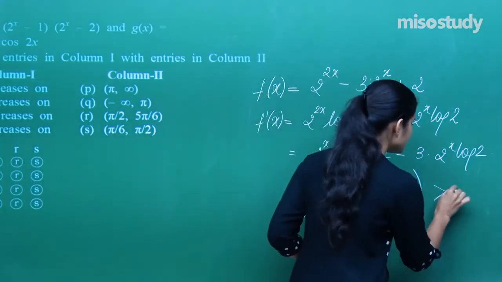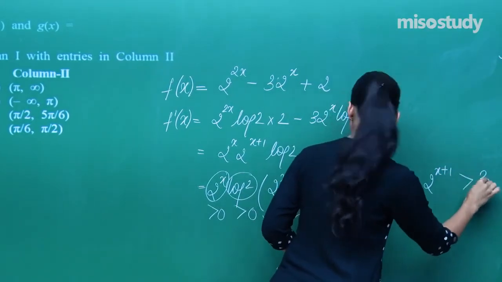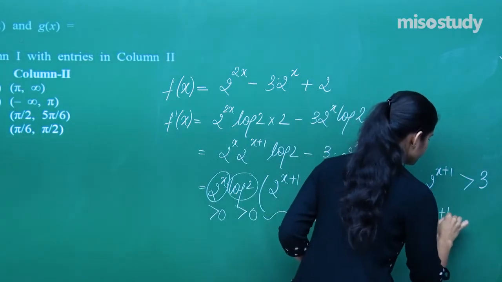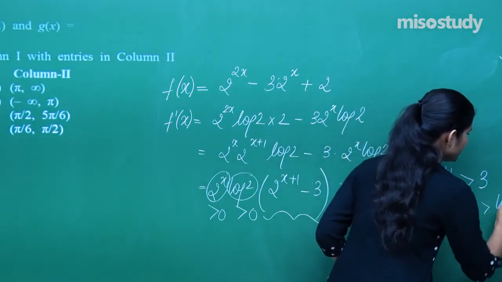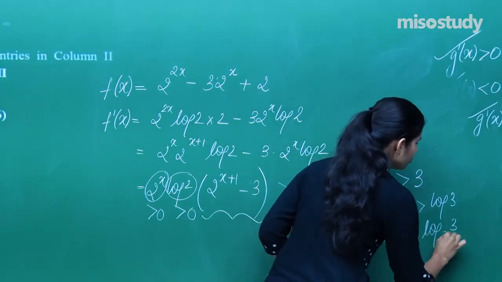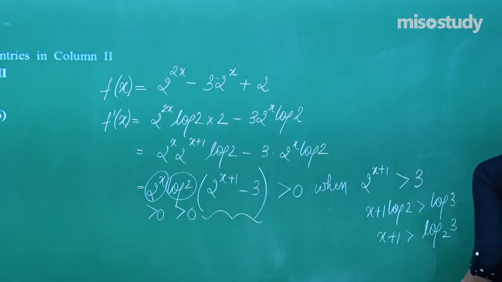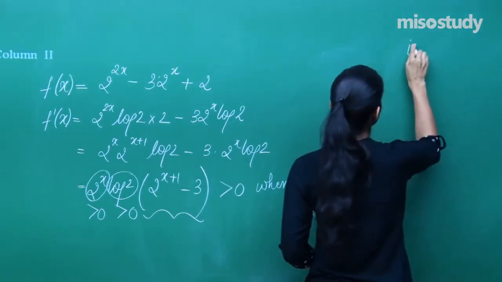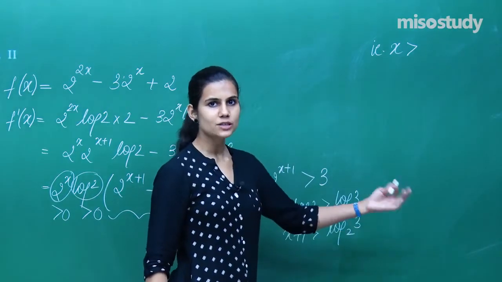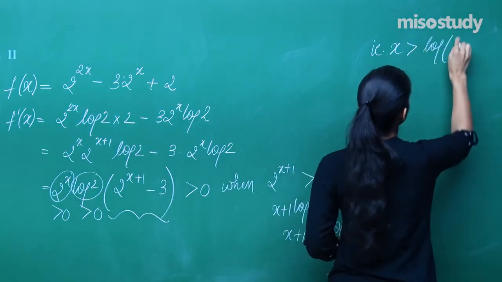So this is greater than 0 when 2 to the power x plus 1 is greater than 3, or I can say x plus 1 log 2 is greater than log 3, or x plus 1 is greater than log 3 by log 2, or log 3 to the base 2, or I can say further, I want condition on x, that is when x is greater than log 3 to the base 2 minus 1. 1 can be written as log 2 to the base 2. So this becomes log of 3 by 2.